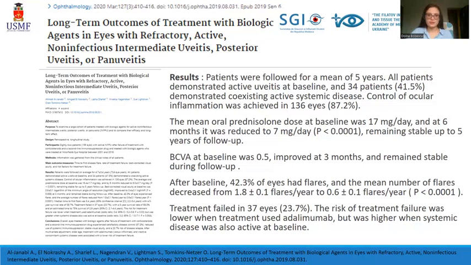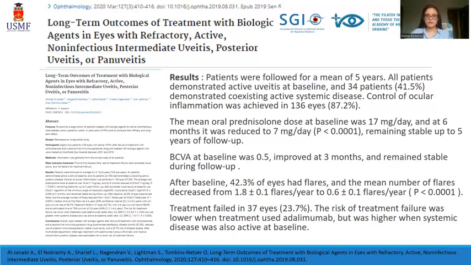Best corrected visual acuity at baseline was 0.5, improved at 3 months, and remained stable during follow-up. After baseline, 42% of eyes had flares, and the mean number of flares decreased from 1.8 to 0.6 flares per year. Treatment failed in 33 eyes.